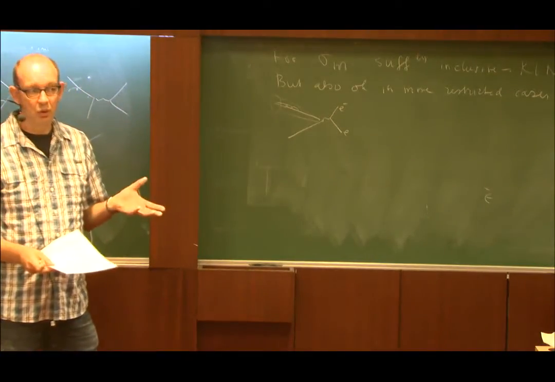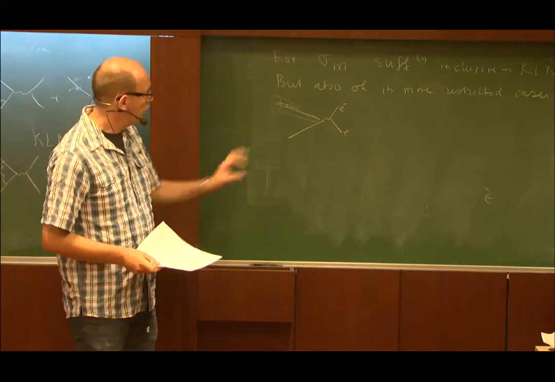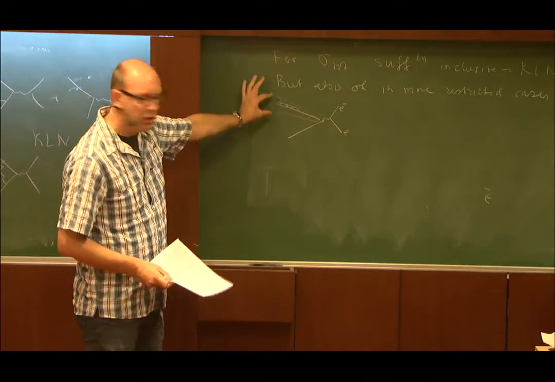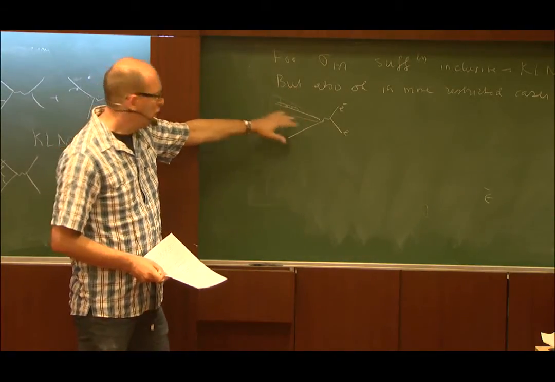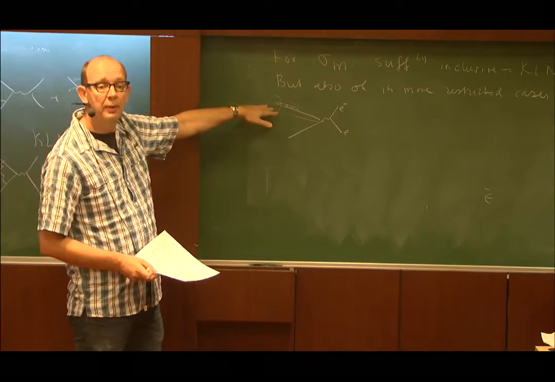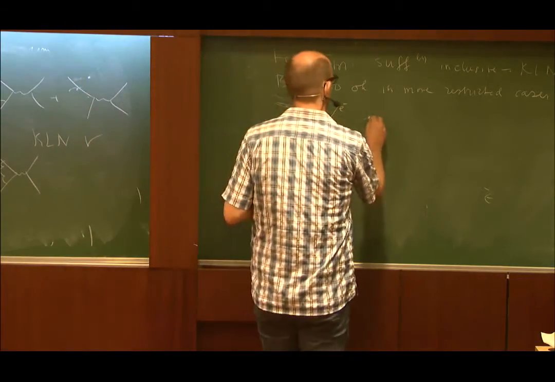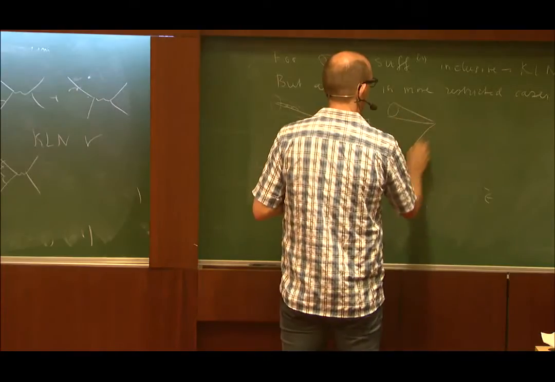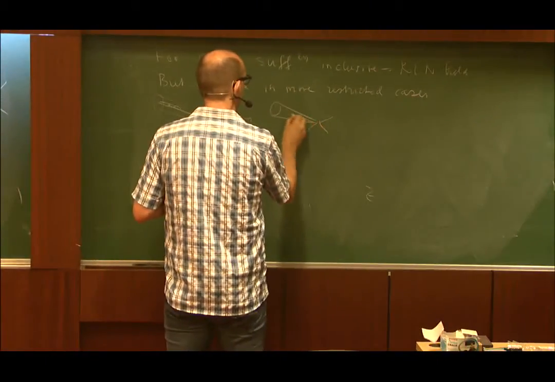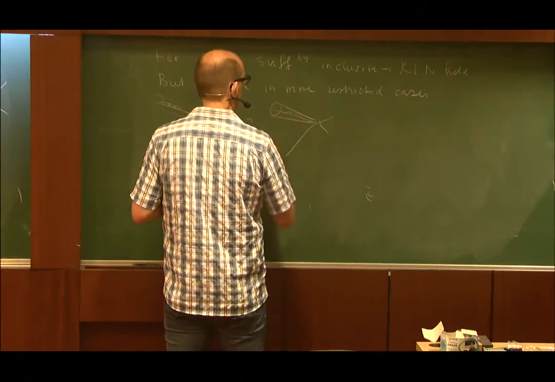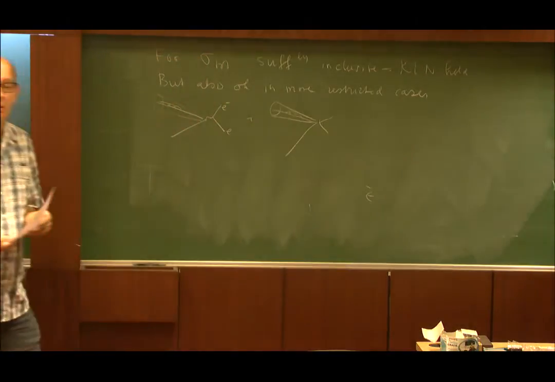And if you look for a jet cross-section where the jet goes in this direction, the jet has a certain size, then all collinear radiation is included. But also virtual corrections are included, obviously.